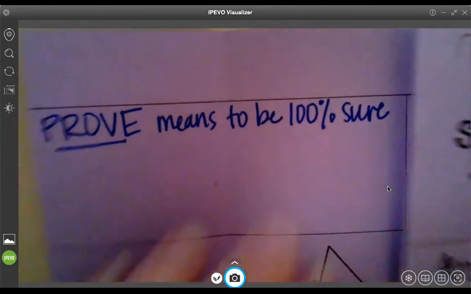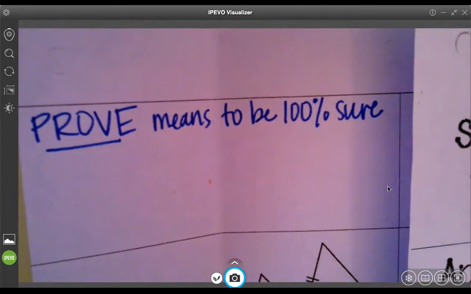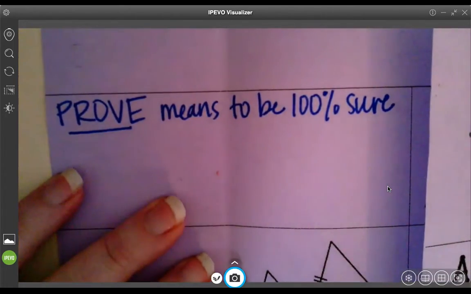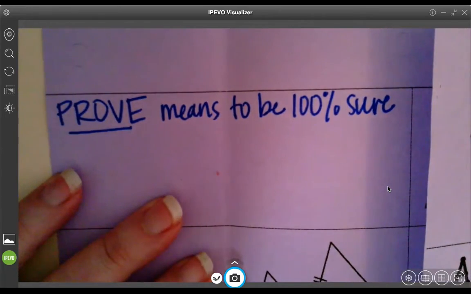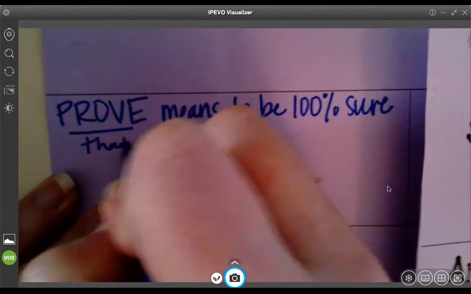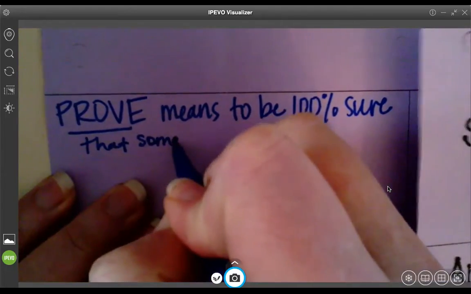We'll put sure instead of certain because it fits better on my line. And you could be sure whether the figures are or whether they are not congruent. So prove means to be 100% sure that something is or is not true.